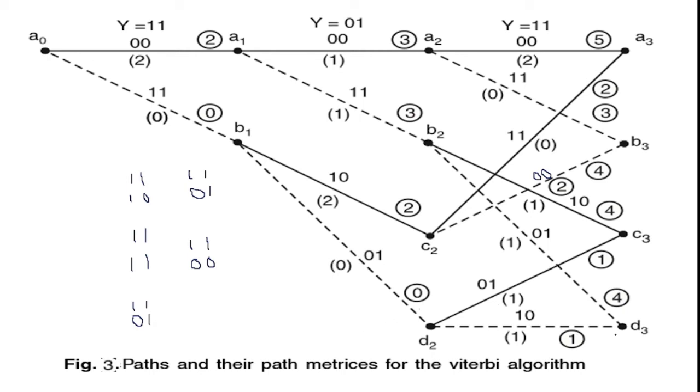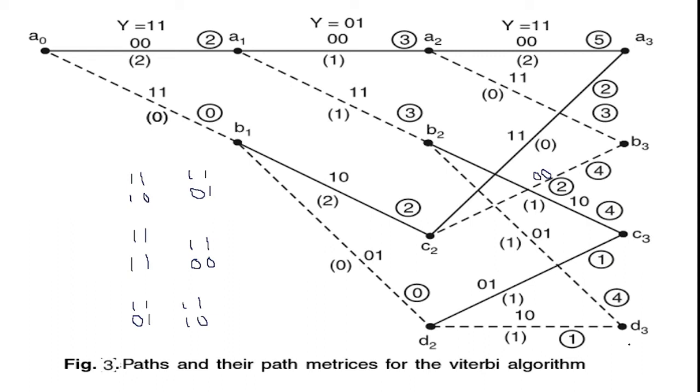Next path D2 to D3, the encoded signal is 1 0 and the received signal is 1 1. One element differs, the branch metric is 1. So these are the branch metrics from A2 to A3, A2 to B3, B2 to C3, B2 to D3, C2 to A3, C2 to B3, D2 to C3, D2 to D3.